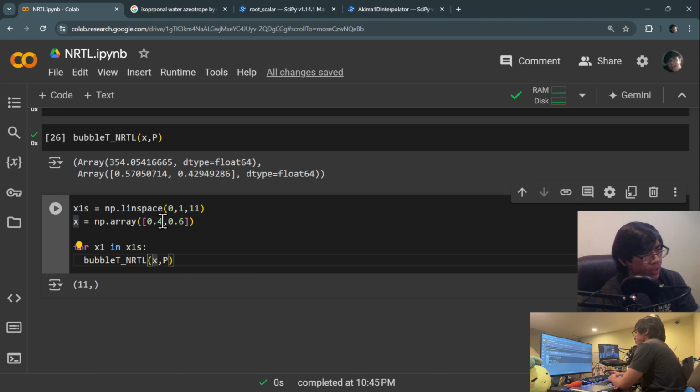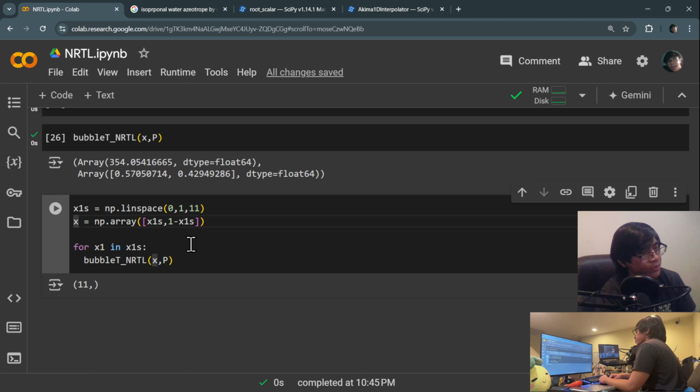So we do something like our x1s. Now we're doing pretty much the entire span of 0 to 1. And then to get the other side of that, since it's out of 1, we just subtract it from 1, so 1 minus that. I wonder if this would work if I put it in like that. Maybe I call it some other value. What do you want to call that?